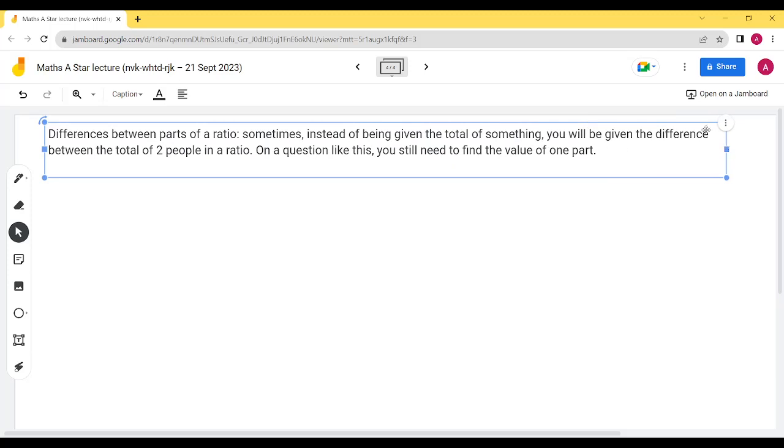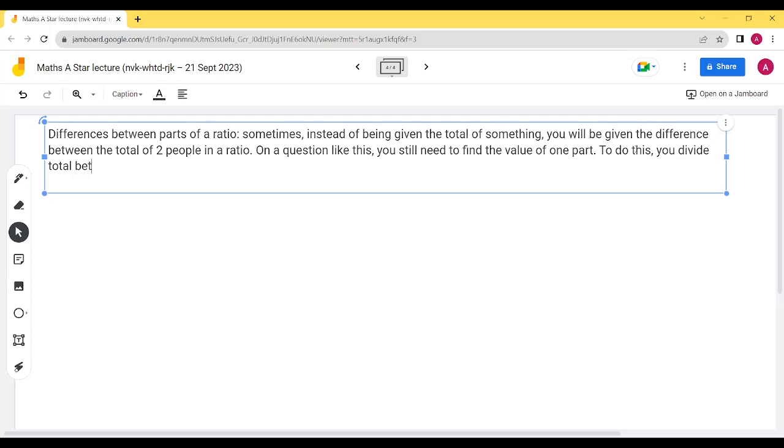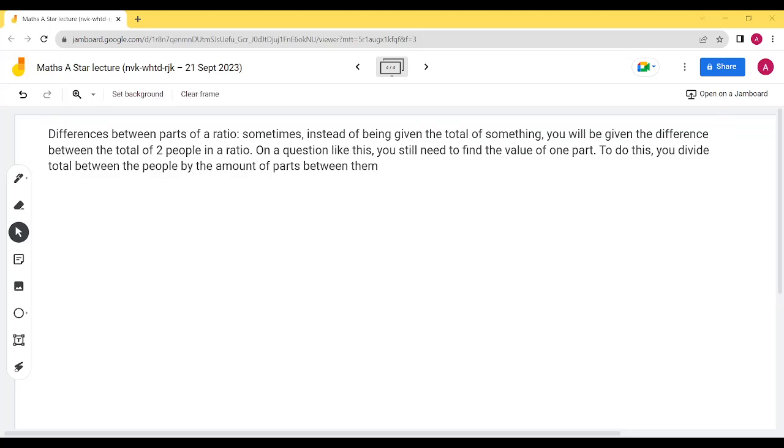You still need to find the value of 1 part. And so to do this, you divide the total between the people by the amount of parts between them. I'm going to give an example of a question now to show you what I mean.